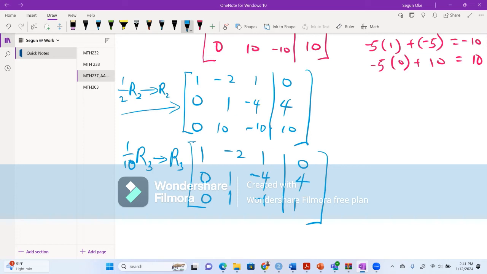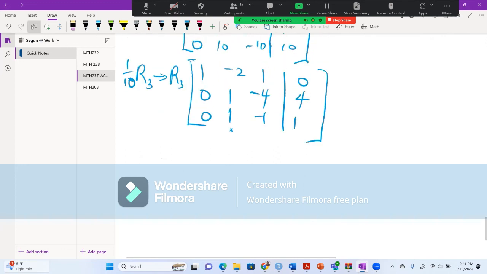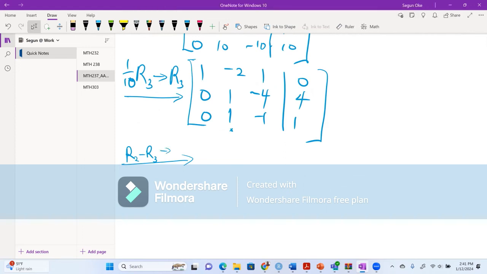So my R2 and R3, something good can still come out of them. Remember, this side must be 0. So I can go ahead by saying that R2 minus R3 will lead to R3, because that's my target.